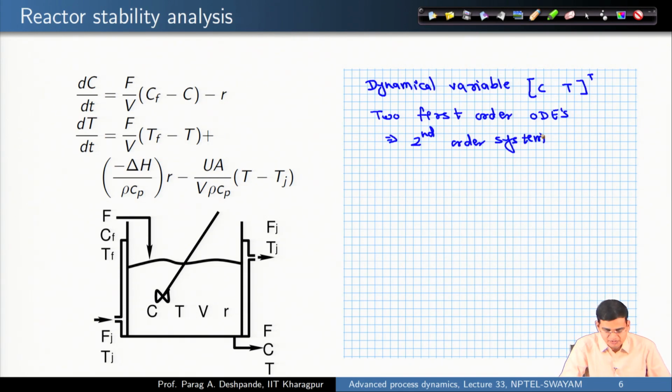Further, one more thing which you can write about this is that this is a non-linear system. So, if possible, you could solve this non-linear system directly and get the temporal variation of concentration and temperature with time.